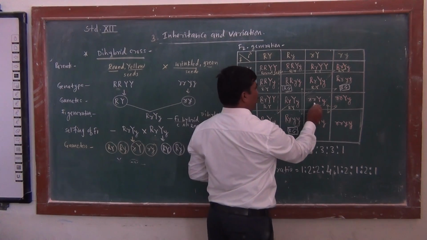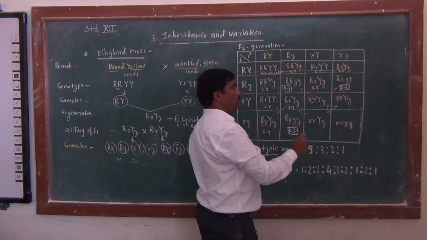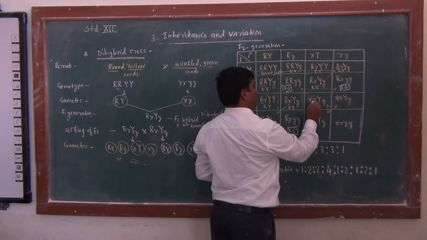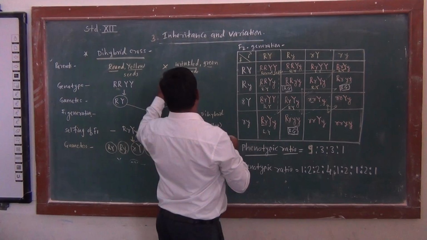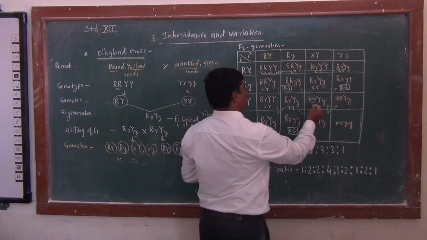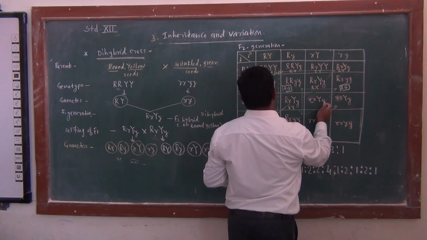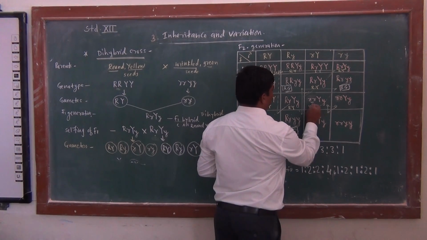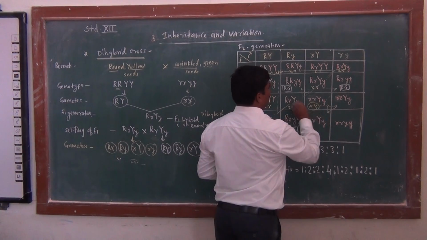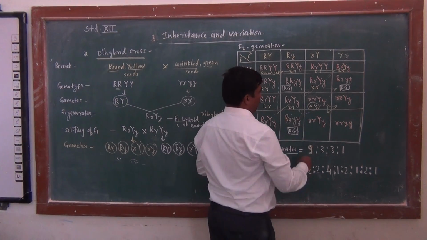Then this one, small r and capital Y, small y. So small r we denote for the wrinkled, and capital Y, small y for the yellow. So wrinkled yellow individual. This one.